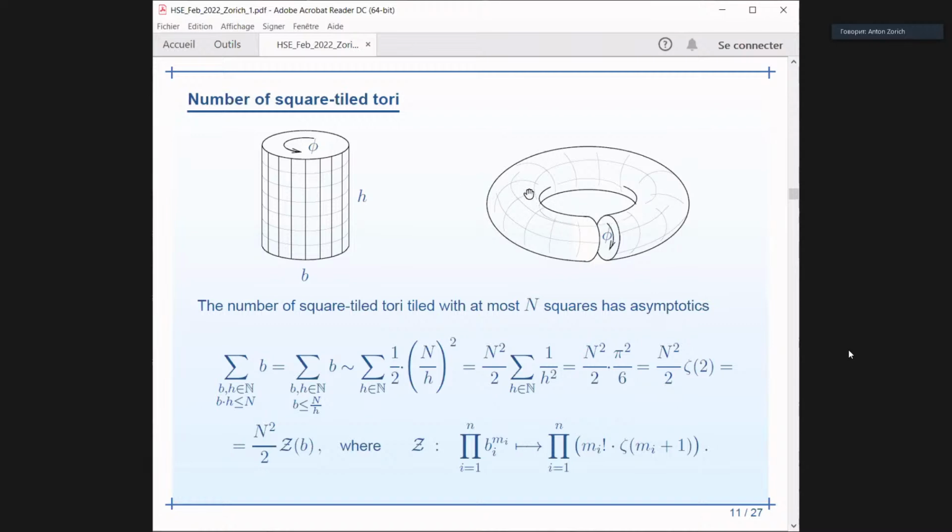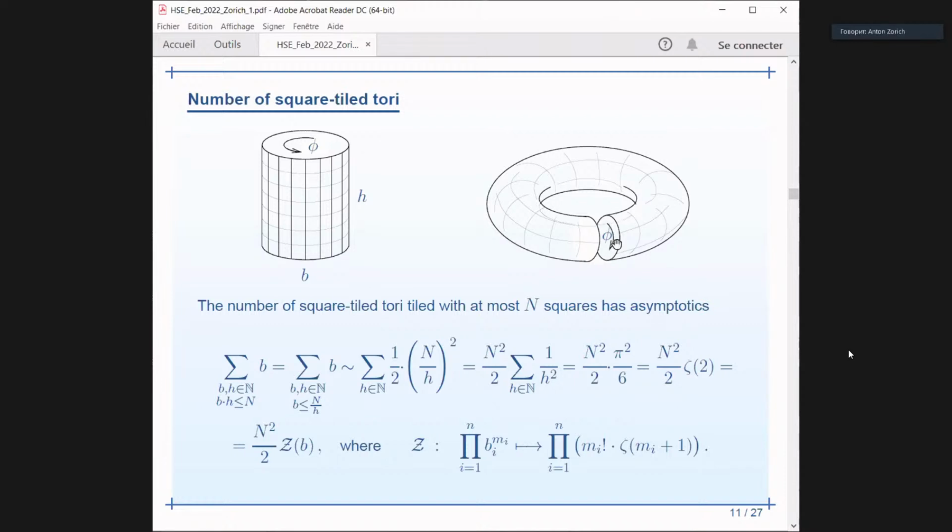So I somehow bend my flat cylinder like this, and when I identify two boundary components, I can identify directly, or I can identify by twisting by 1, by 2, etc., up to length b.